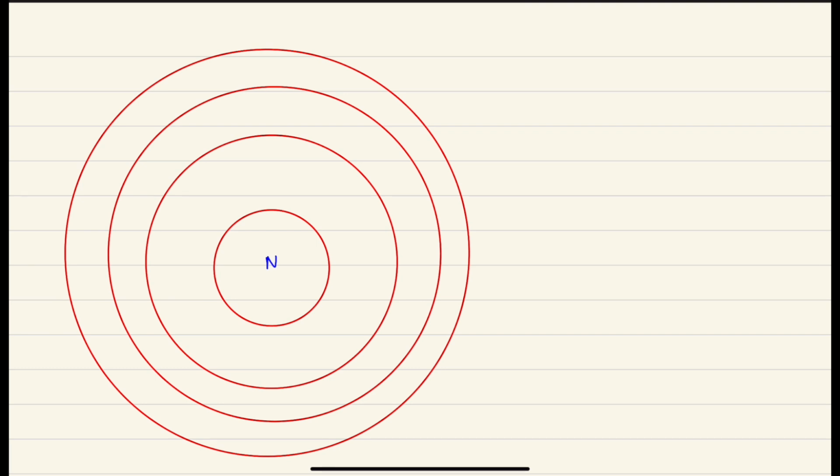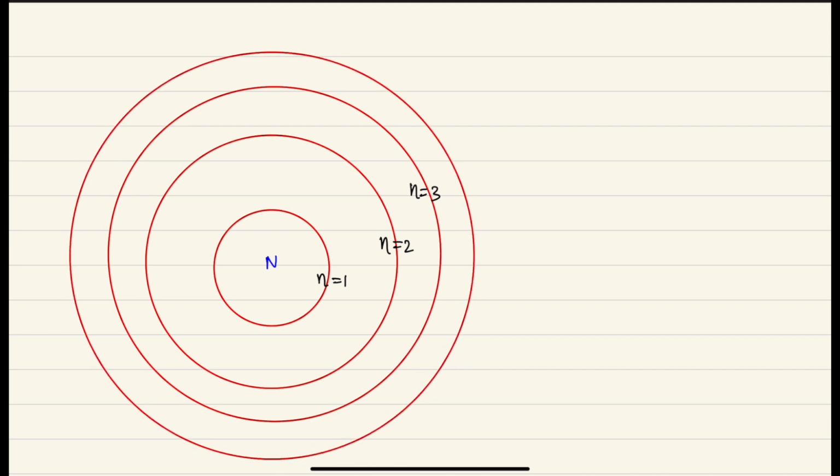So we can write here, the first shell is n equal to 1, the second shell is n equal to 2, the third shell is n equal to 3, and the fourth shell is n equal to 4.